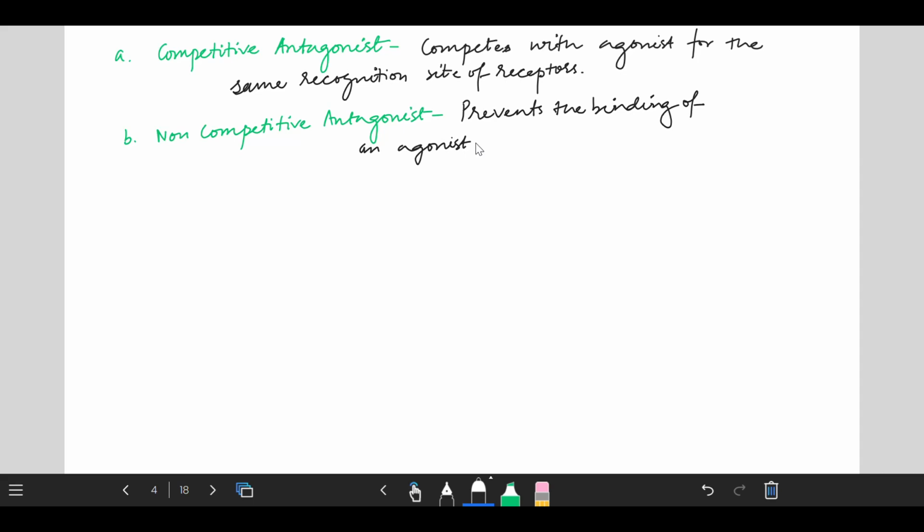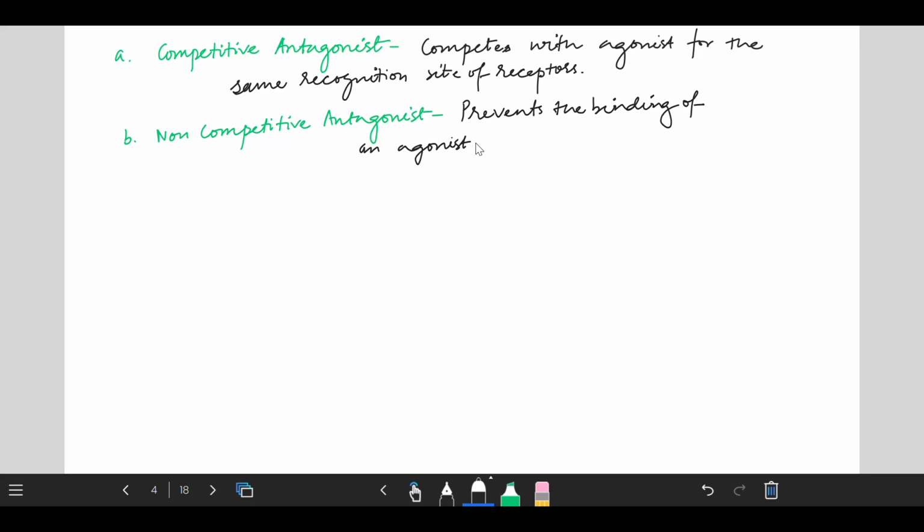Okay, or it can prevent the activation of the receptor by binding with the allosteric site of the receptor. Okay. Now, I have previously told that drugs can produce response by two types of mechanism. One can be receptor mediated, another one can be non-receptor mediated. In the receptor mediated, things like ligands, agonists, antagonists come.